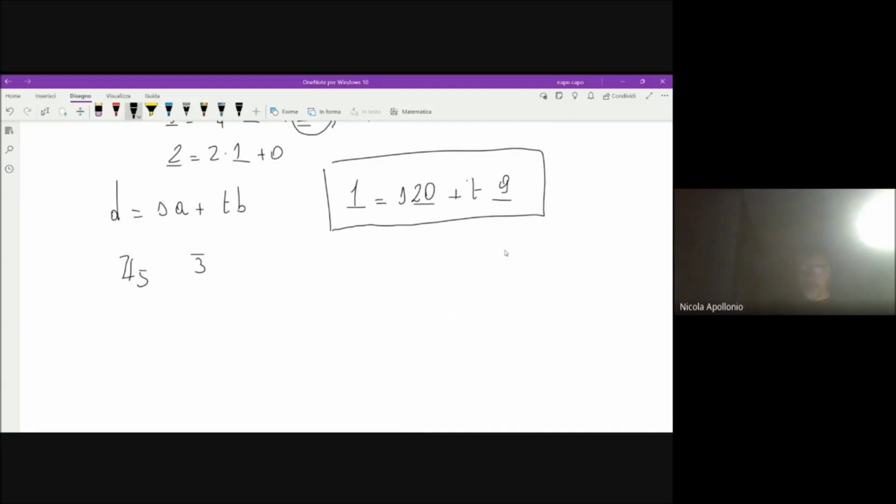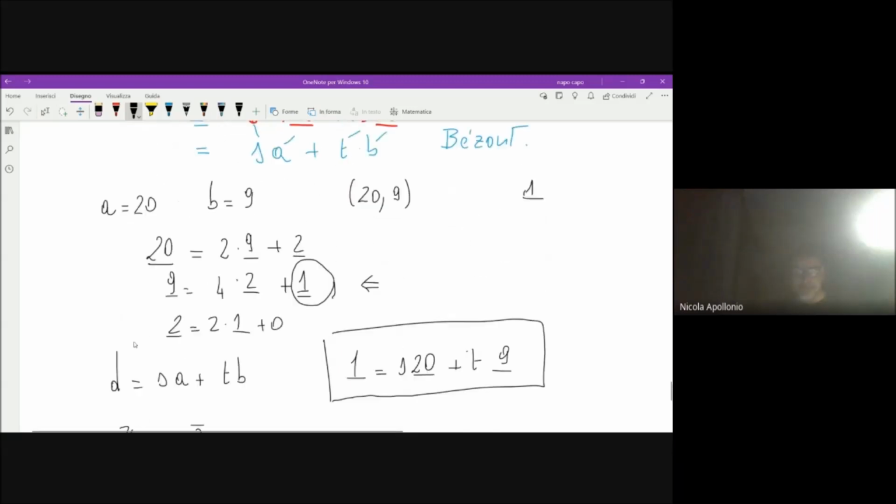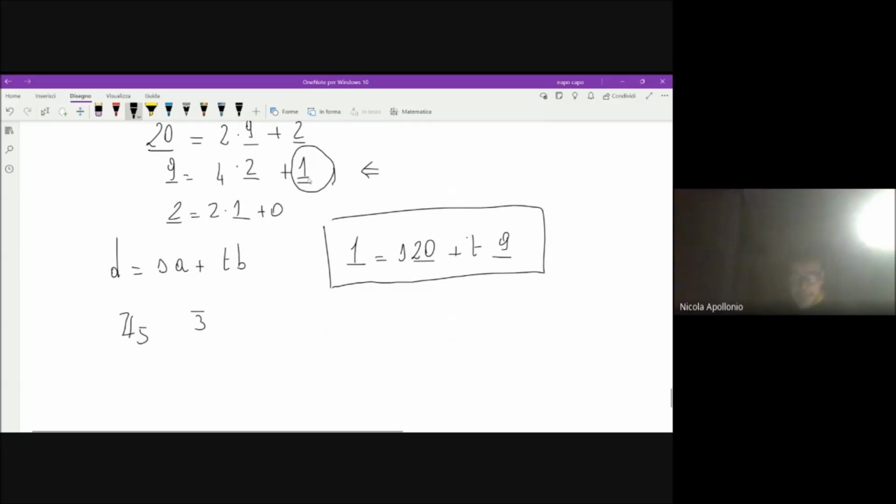So here we see how to find the integer linear combination, the integer coefficients defining a Bezout identity. You start with the last but one row.